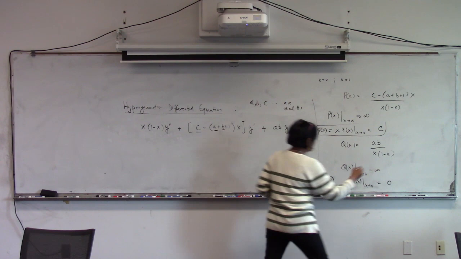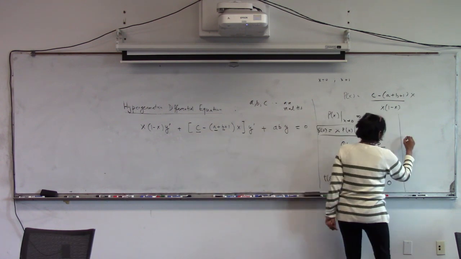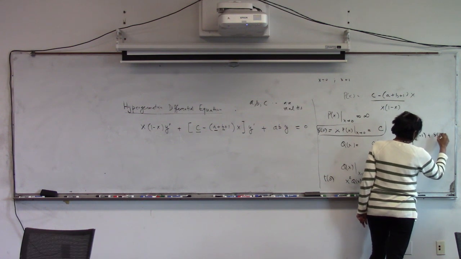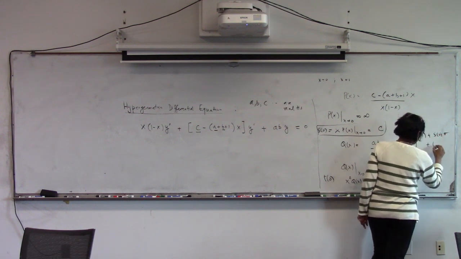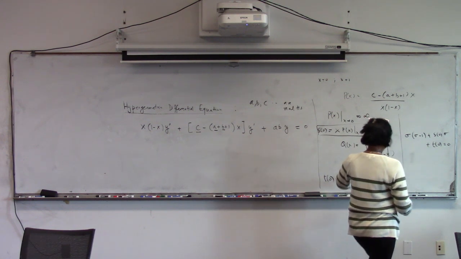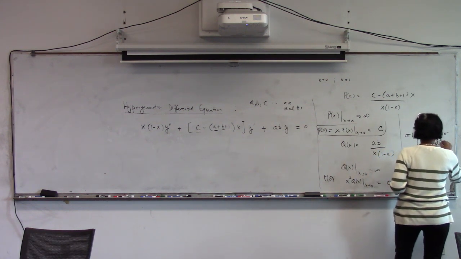And the initial roots, we normally use this formula. S of 0 sigma plus T of 0 equal to 0. And so this term does not contribute.